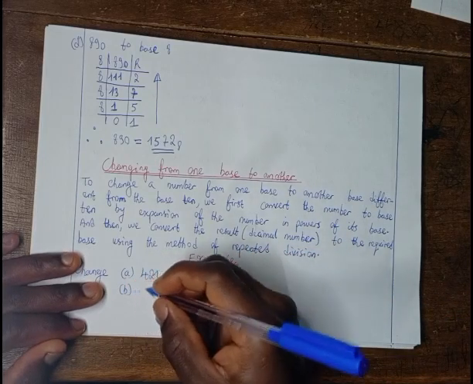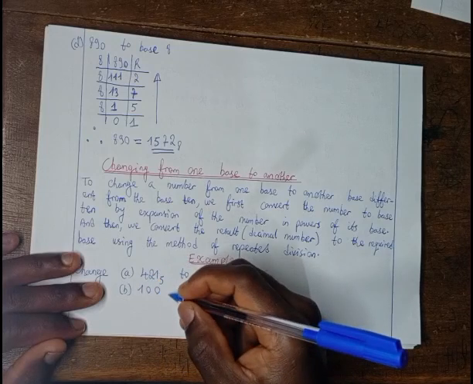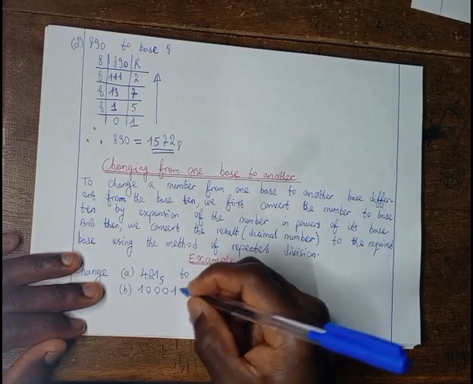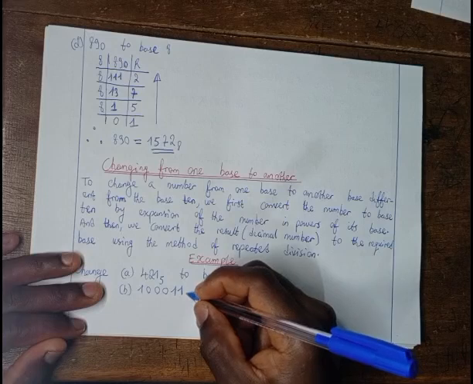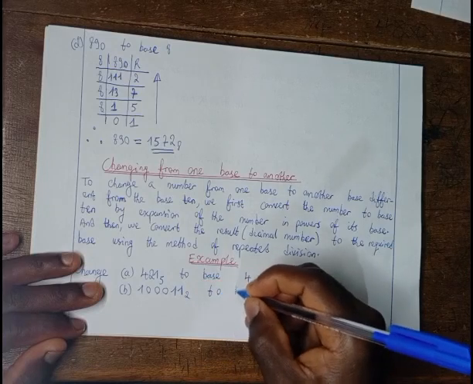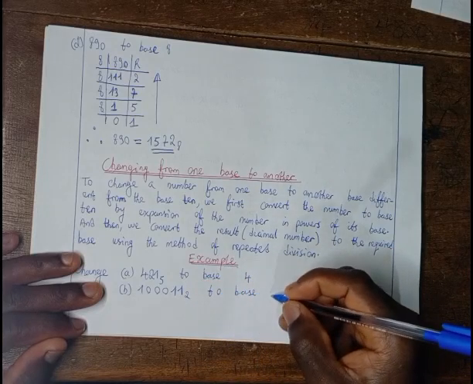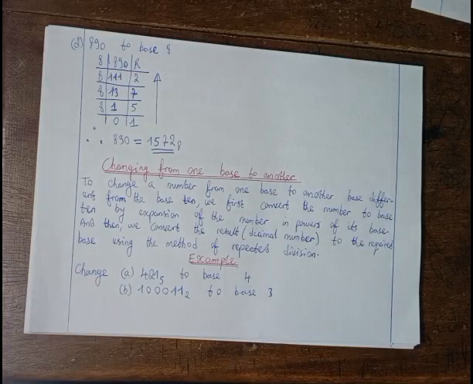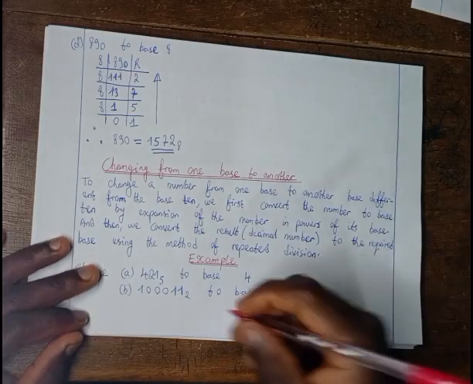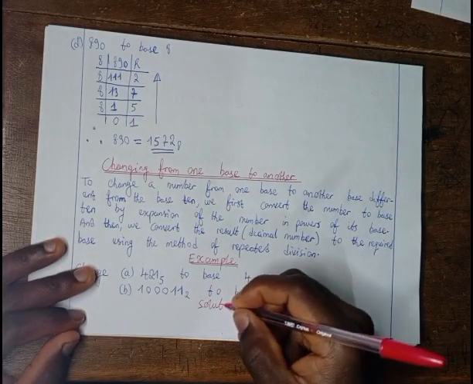B, we have the number 100011 in base 2 to base 3. Take down solution.